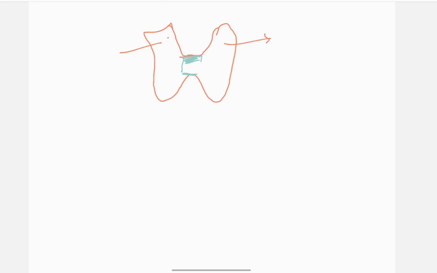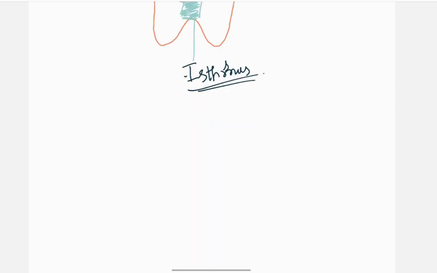This connecting bridge is known as the isthmus of the thyroid gland. So this was a brief introduction about the thyroid gland.